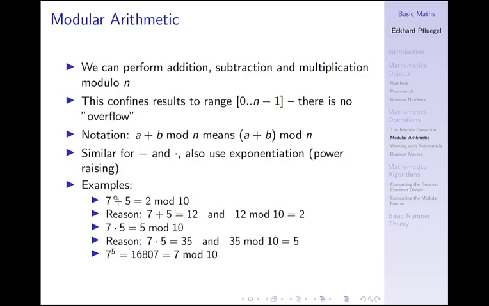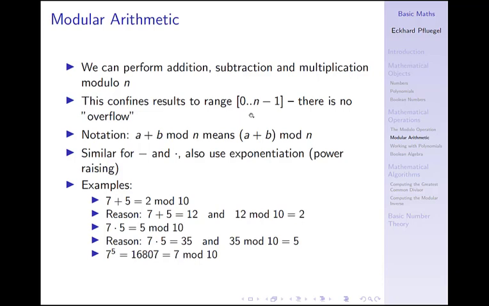So we're turning the normal arithmetic into a modular arithmetic by computing modulo n at any stage, so that the output of our operations will stay in the range between 0 and n minus 1. Remember, due to the definition of the modulo operation, because we're effectively taking the remainder of the division by n.